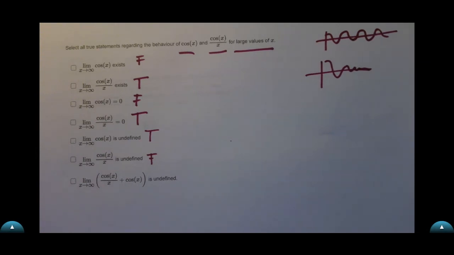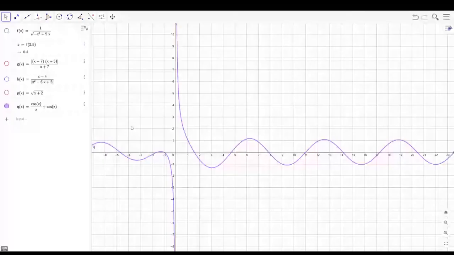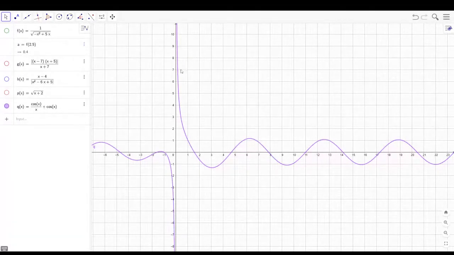What do we think? Okay. Let's have a look. It is true, but let's actually see what happens in GeoGebra. So you can see around 0, well, we're not interested in that.